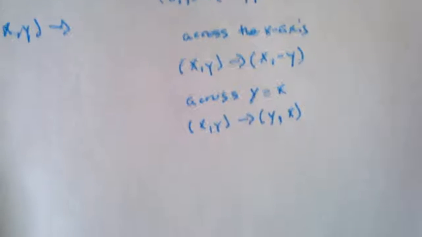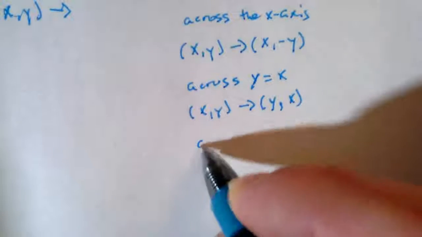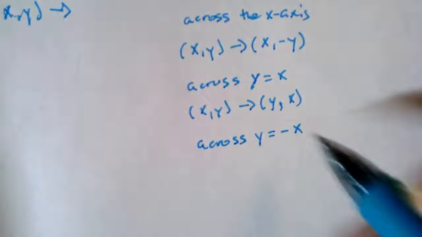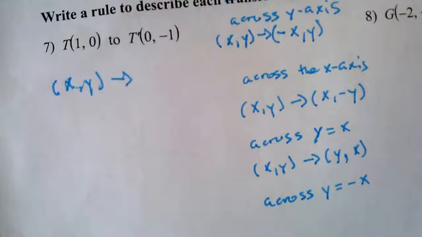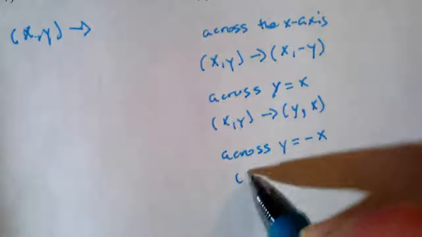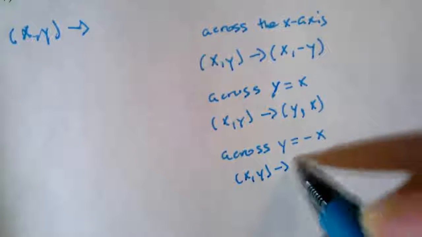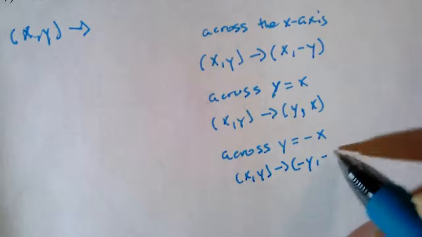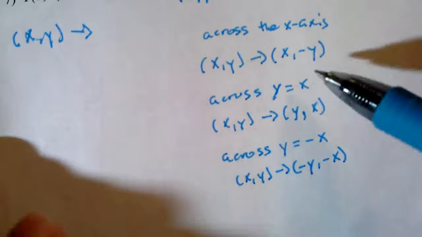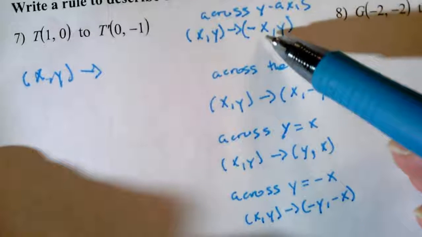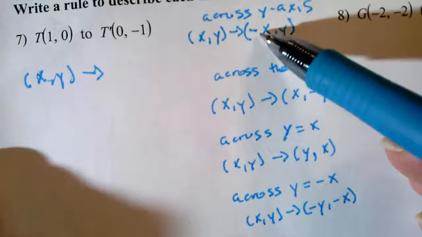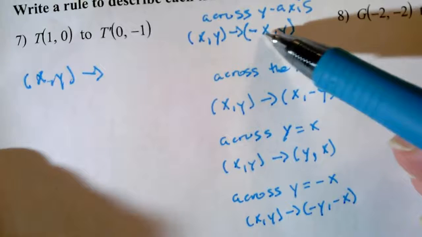And then finally, we've got across y equals -x. Across y equals -x, you have (x, y) gets mapped to (-y, -x). Now, what this means, to be clear, is that across the y-axis, whatever the x-coordinate was originally, you change its sign. It doesn't mean that the x-coordinate always becomes negative.